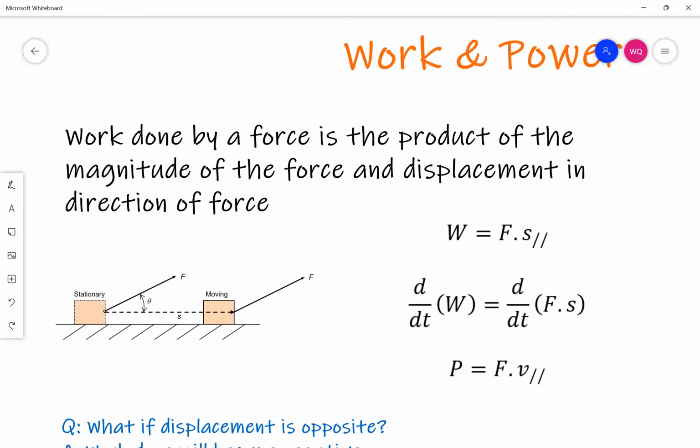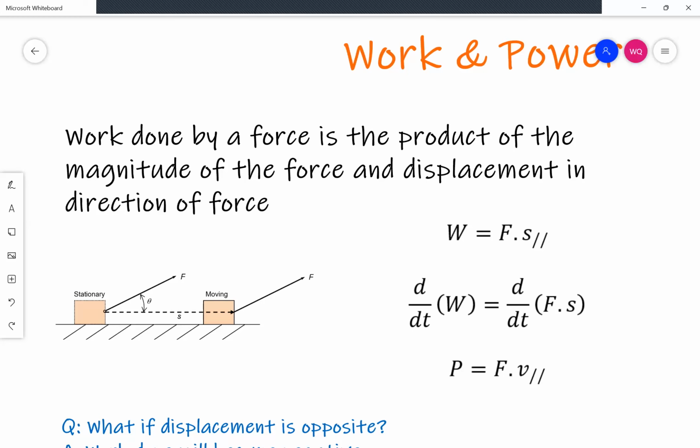So if you differentiate the right hand side, and you take F as a constant force, in reality it doesn't have to be, but in this formulation I don't want to go into the detailed calculus. So the simple way is to just look at F as a constant force, and you can have ds over dt to give you v. So that's where the P equals Fv formula comes about.